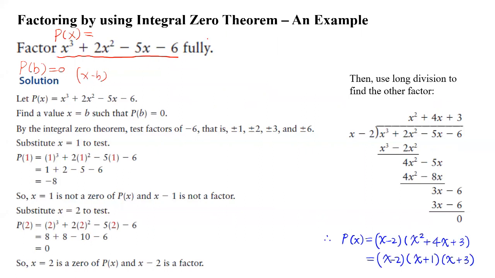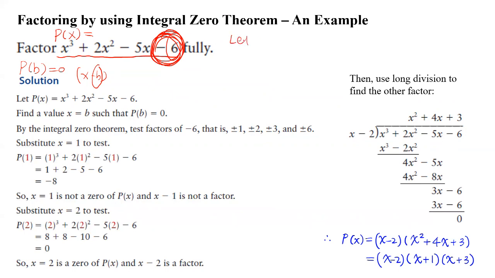So according to the integral zero theorem, the number b here must be a factor of the number here. If P(b) is 0, then b must be a factor of the constant term, which is minus 6, right?